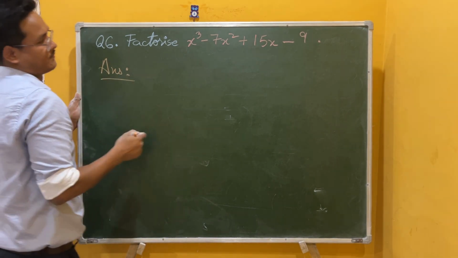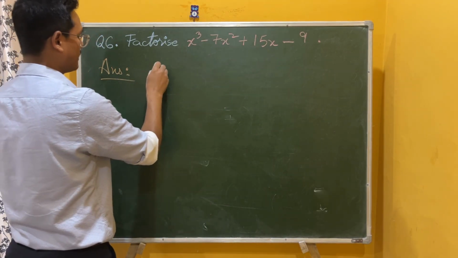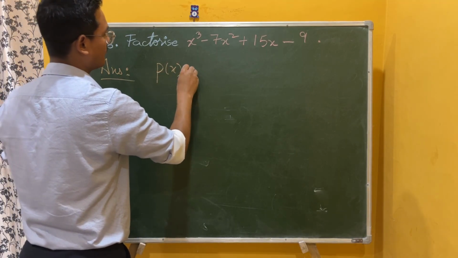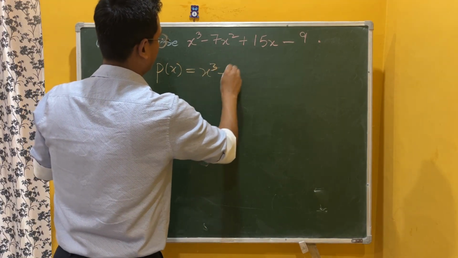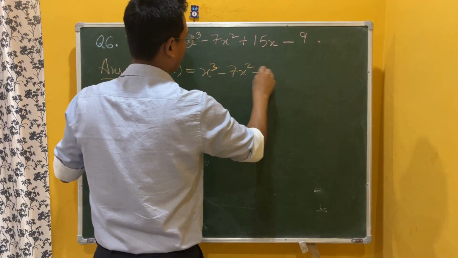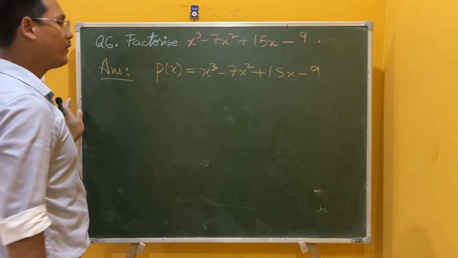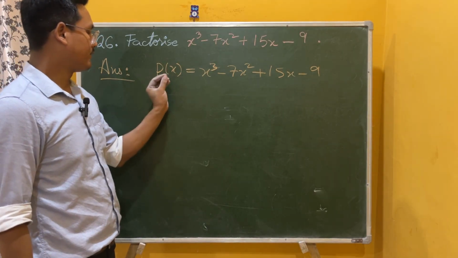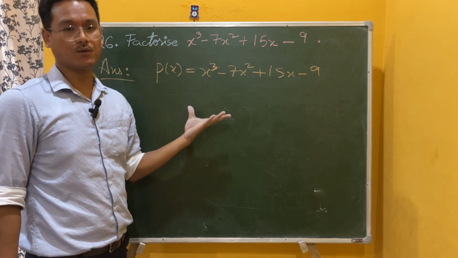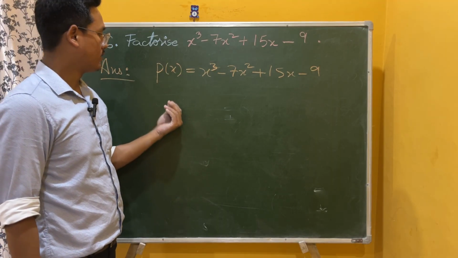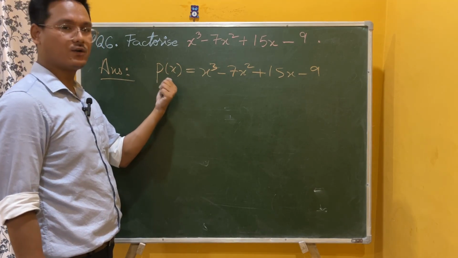So what we'll do here is first name this expression. Since it is made up of x, let's say it's p of x. Now we'll check those values of x for which the expression will become 0. I mean, if x equals, let's say, 1, minus 1, 2, minus 2, 3.